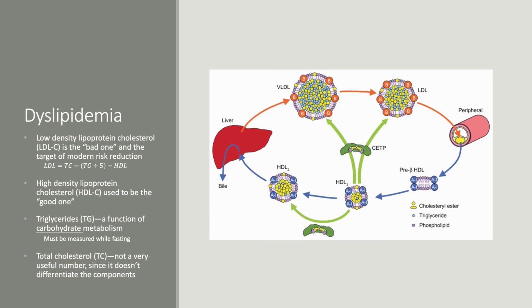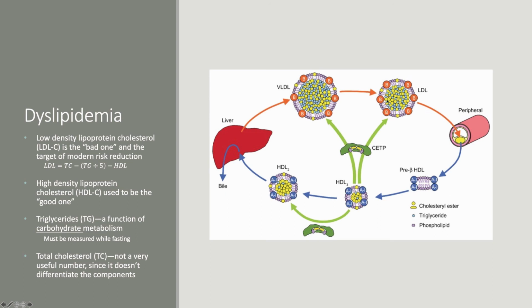So the study that definitely has shown the most traction is fixing the LDL cholesterol. And there are dozens of studies that show that when we lower the LDL cholesterol, we improve risk. This is definitely the bad cholesterol. And there's other ones too. There's VLDL, very low density lipoprotein.